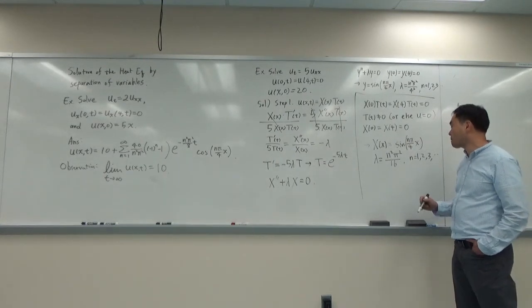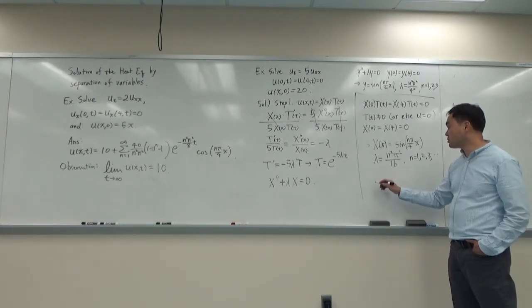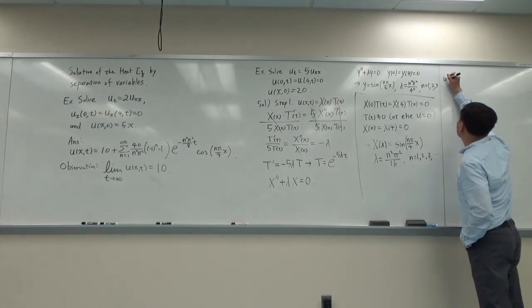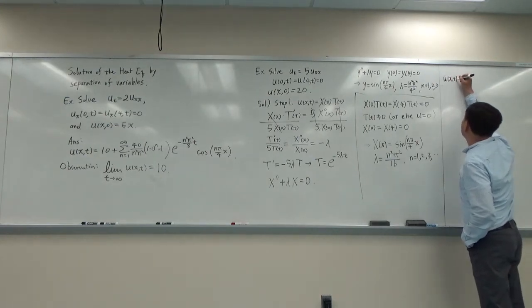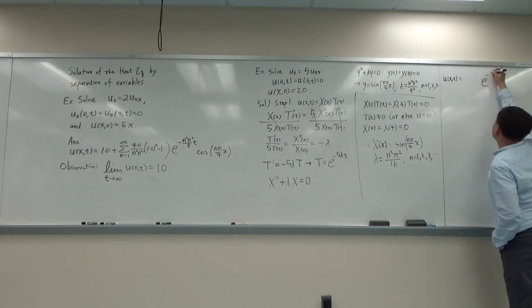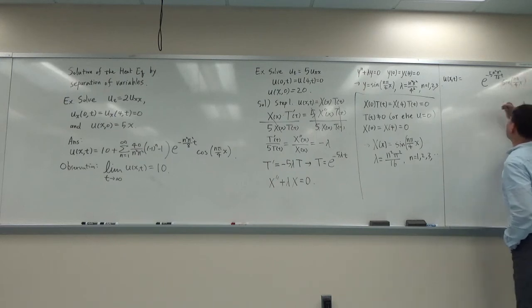Now what? Now you put them together and you get u(x,t) as e to the negative 5 times n squared pi squared over 16 t, not cosine, sorry, sine of n pi over 4 x, where n starts from 1 through infinity.